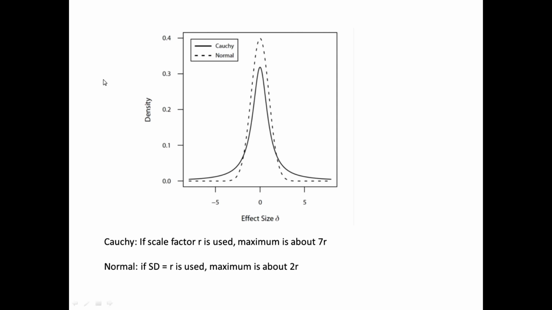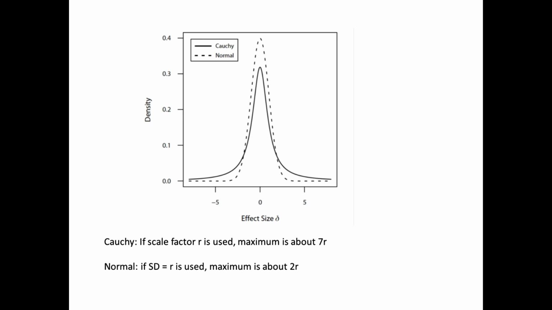The dotted line here is a normal distribution, and here's the Cauchy. You see the Cauchy is a sort of bell shape, much like a normal. But what distinguishes it is it has these thick tails coming out, very thick tails. So what does that mean?